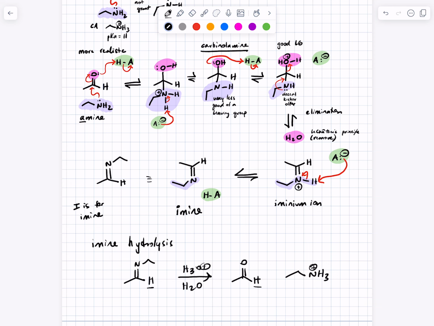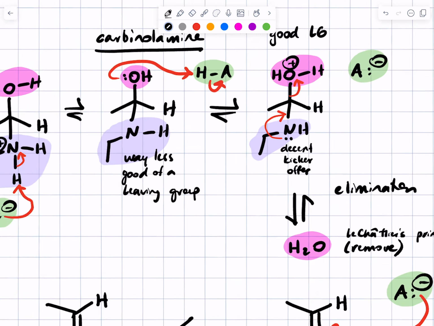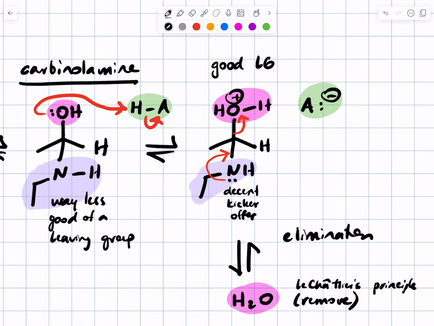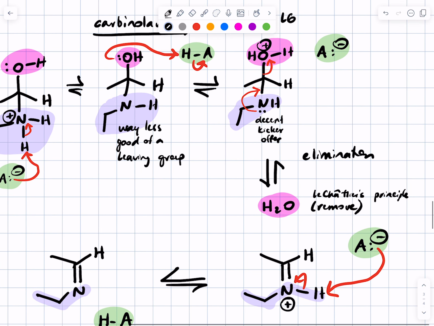Yes? What's the pKa of the amine when we have the water, before the elimination? All right, so yeah, what you want to do, if you want to see, is this reasonable? Can a neutral amine kick off water?